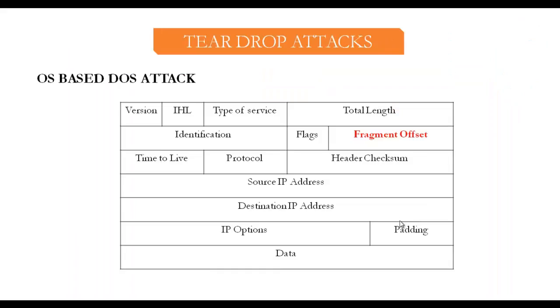Now we have one more variant of denial of service attacks, that is the teardrop attack. This teardrop attack is an operating system specific denial of service attack. If an attacker finds the type of operating system along with the IP address and port number of a target, and if the operating system is vulnerable to this teardrop attack, then the attacker will launch this attack against the system.